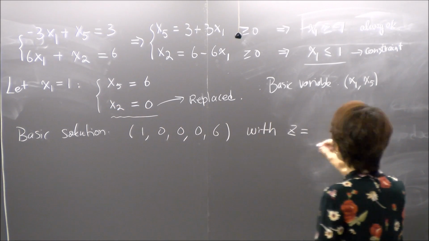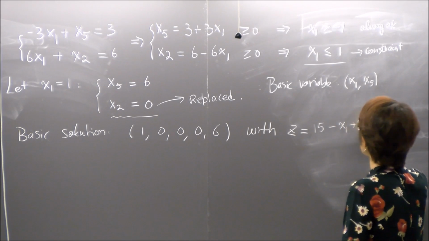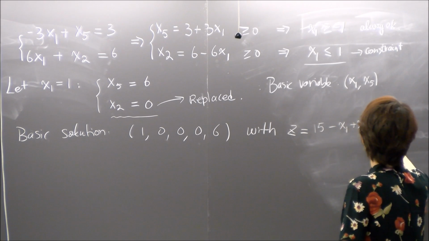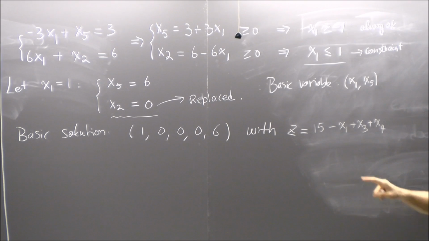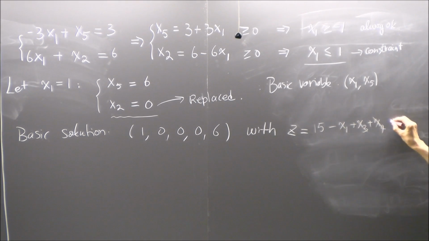Z would be 15 minus x1 plus x3 plus x4. At that basic solution, these two are 0, and x1 is 1. So I get 15 minus 1, 14. So you see that this becomes smaller after I switch my choice of basic variables. Is that clear? Okay?